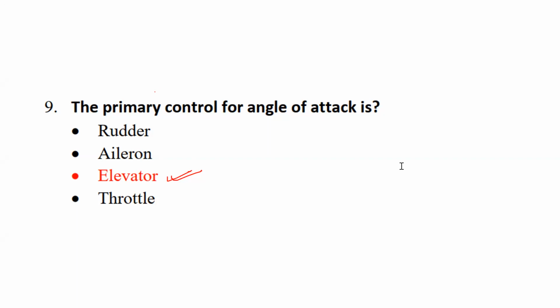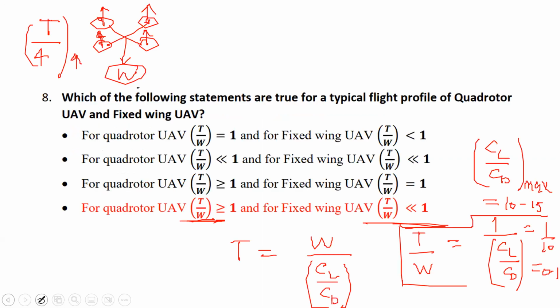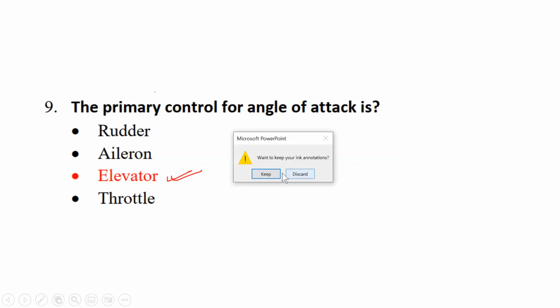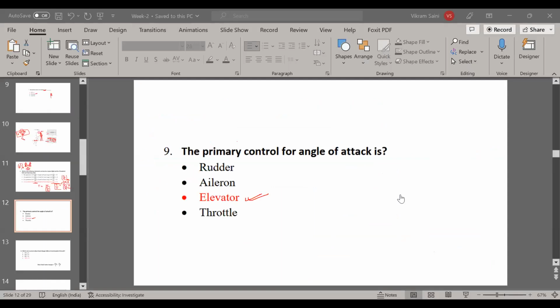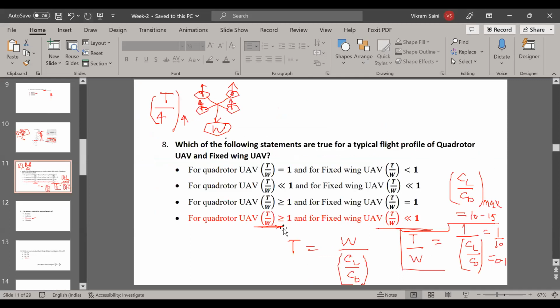For quadrotor, y equal to 1 is not considered. And I don't know, I can see equal to 1 also.